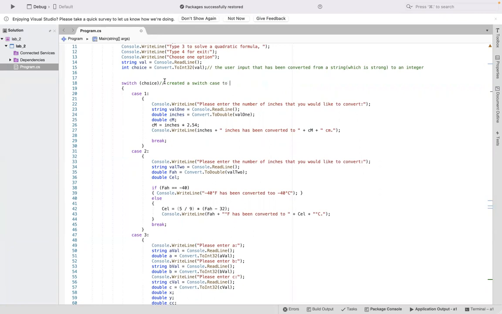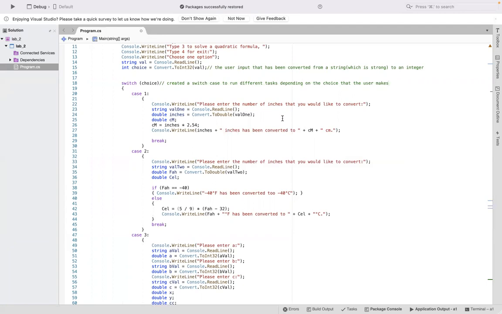Well, it wouldn't really compare it, right? It'd be like created a switch case to run different tasks depending on the choice.